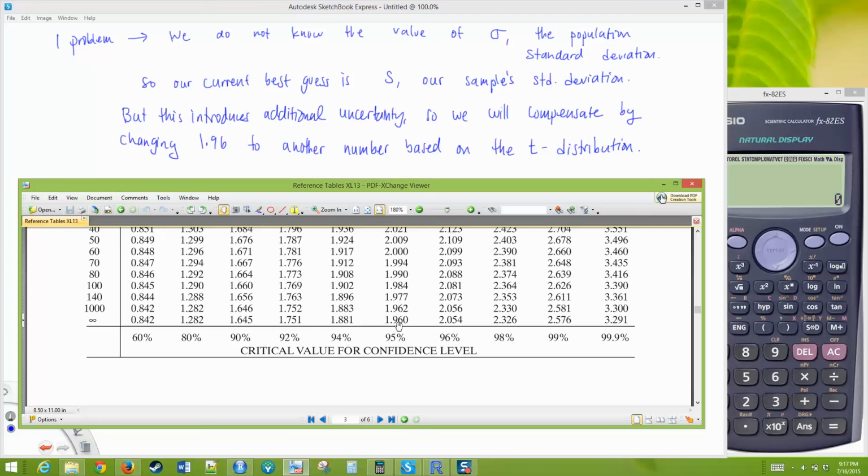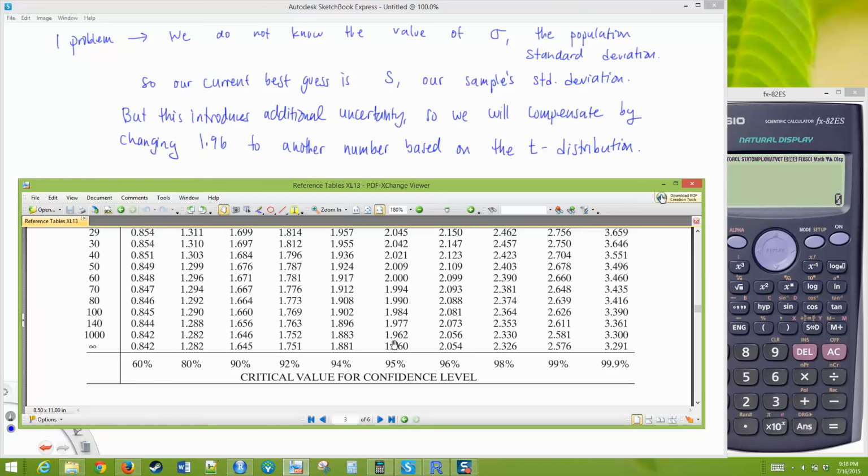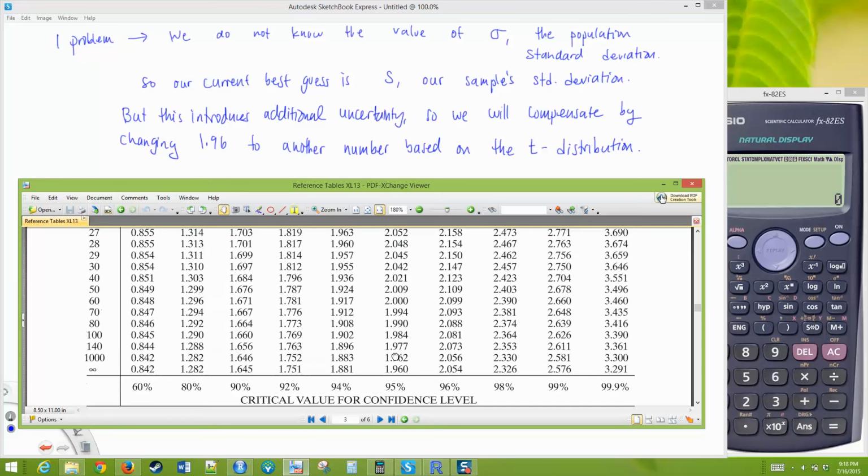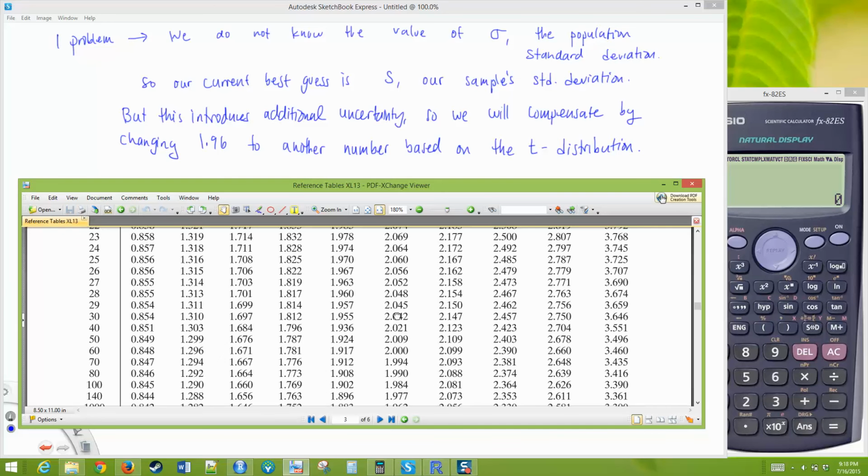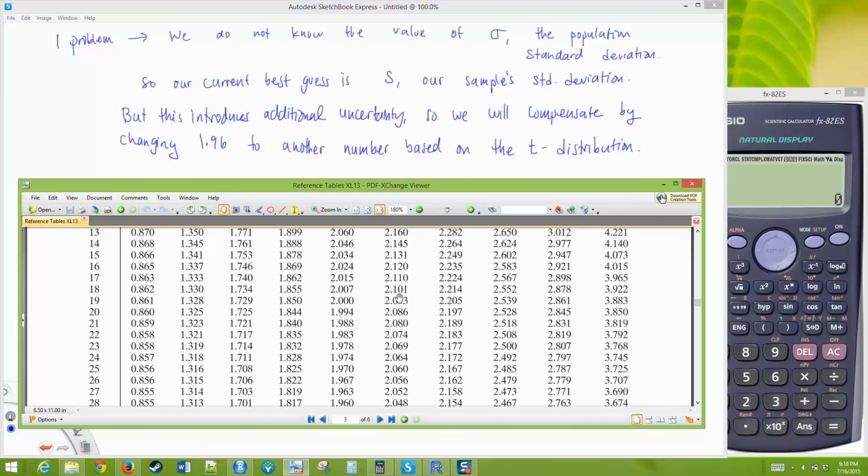The normal distribution says for 95% you use 1.96, and if you had a sample size of infinity, which means your sample is your population, you don't need to do any compensation, you use 1.96. But anything less than infinity, which is all real life situations, you're going to have a lower amount of degrees of freedom.